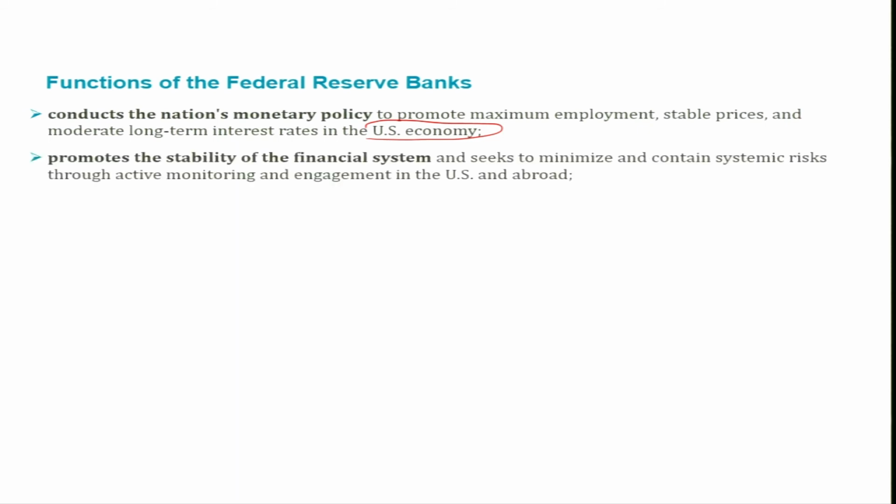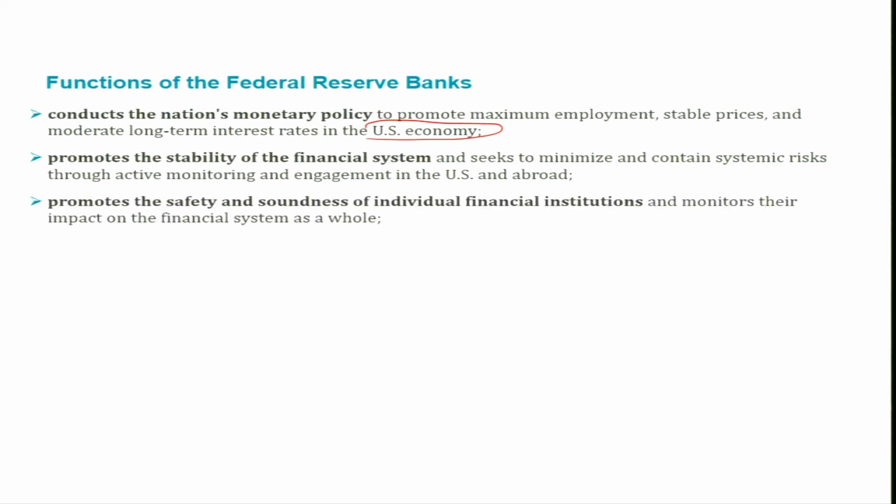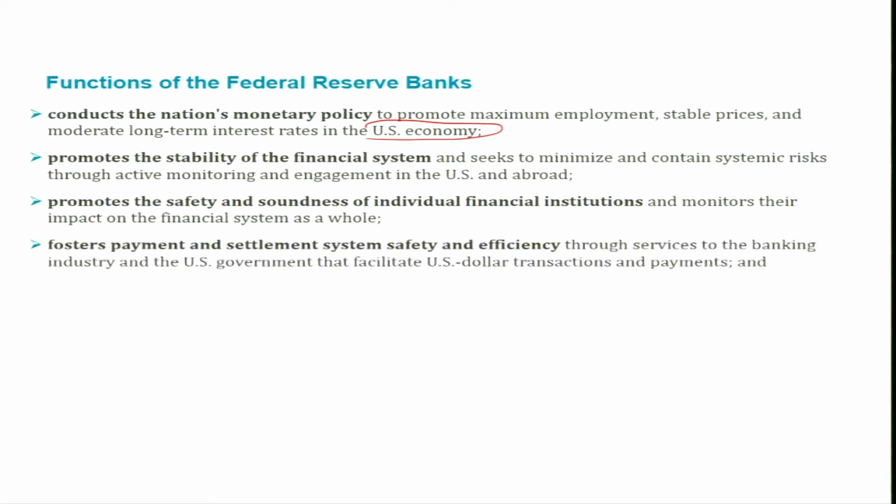Second, it promotes the stability of the financial system and seeks to minimize and contain systemic risk through active monitoring and engagement in the US and abroad. Third, it promotes the safety and soundness of individual financial institutions and monitors their impact on the financial system as a whole.